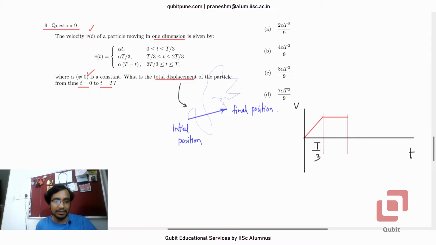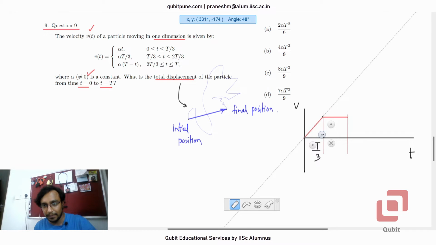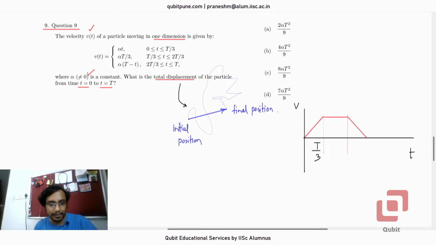Which means eventually the particle's velocity becomes 0. So this is T and this is 2T by 3. So these are the velocity profiles during 0 to capital T.